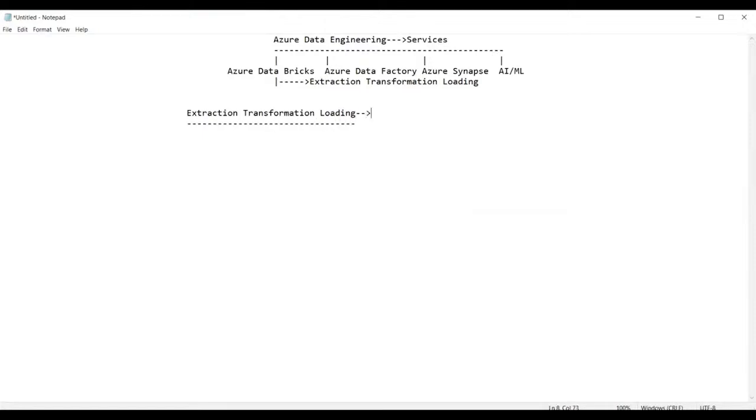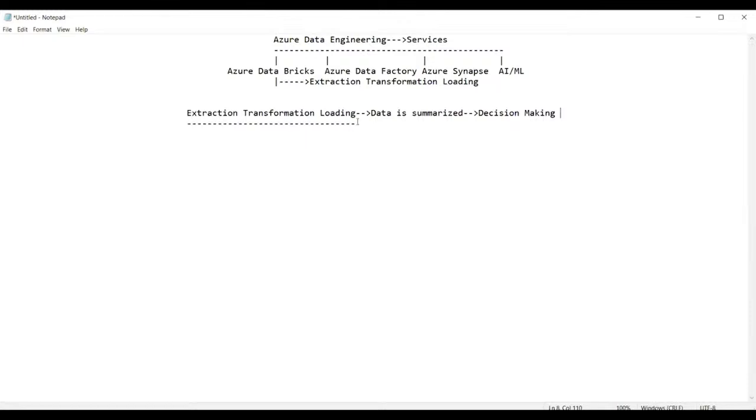It is a process where data is summarized, and this summarized data is used for decision making. This summarized data is used for what? Decision making.